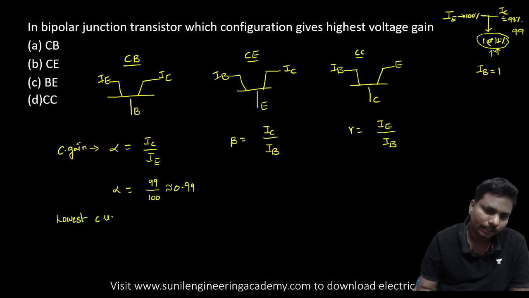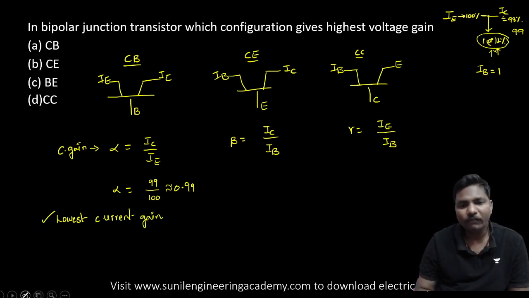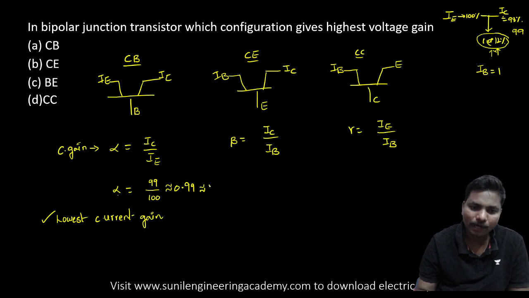Lowest current gain. Very important question: which is the lowest current gain? Common base. Got it? Is there any difficulty remembering this? It is very simple. It is the lowest current gain, and also very nearly equal to 1. If alpha is nearly equal to 1, then output is equal to input.